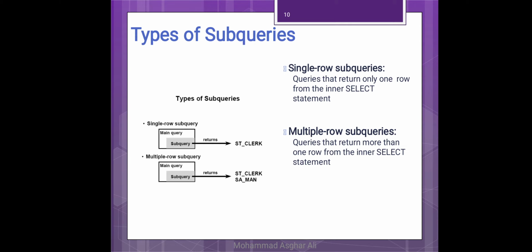Multiple row subqueries are queries that return more than one row from the inner select statement. So this is the difference between single row subqueries and multiple row subqueries.